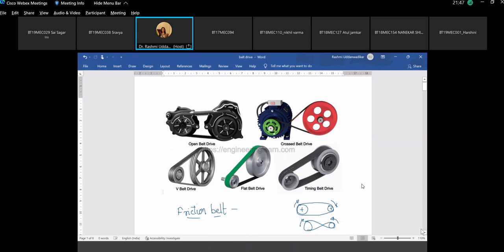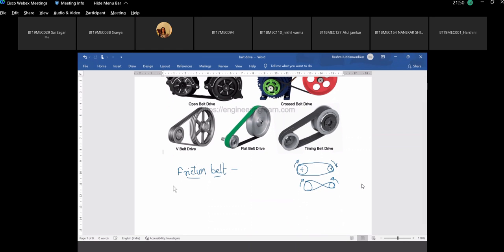What is the material of the belt? What is this belt made up of? There are different materials available. Mostly the belts are made up of leather. Depending upon the application and the usage, they can also be made out of synthetic fiber, or a good mix of rubber plus cotton fiber.